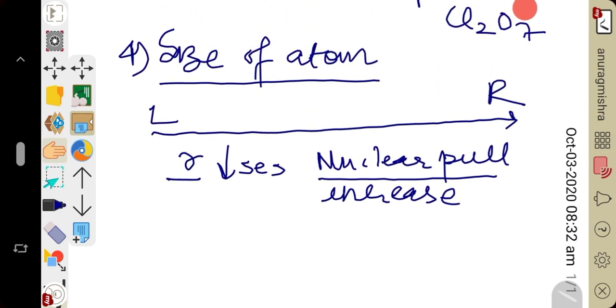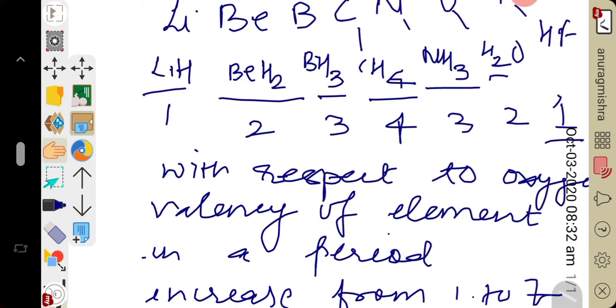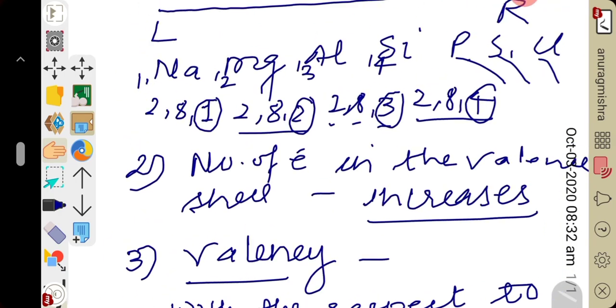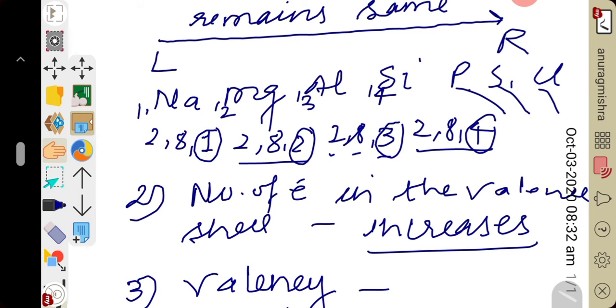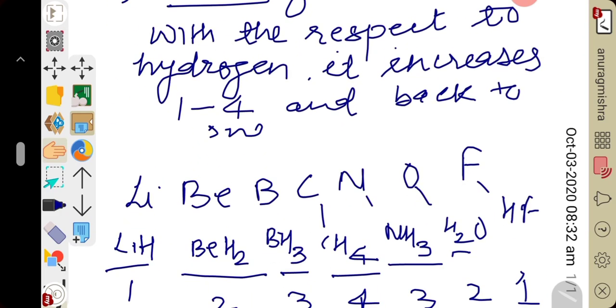Let us go back and I will show you all how it increases. Here I have written the electronic configuration. You can see here 2,8,1; 2,8,2; 2,8,3; 2,8,4; 2,8,5; 2,8,7. So you can see the number of valence electrons is increasing when we move left to right in a periodic table.